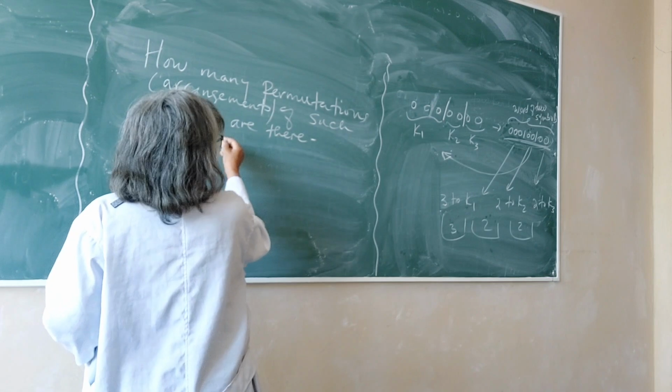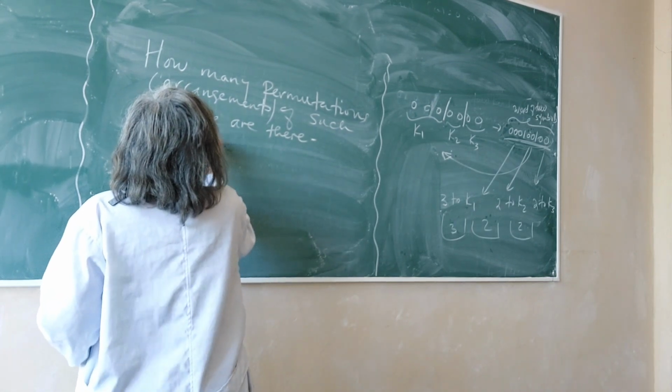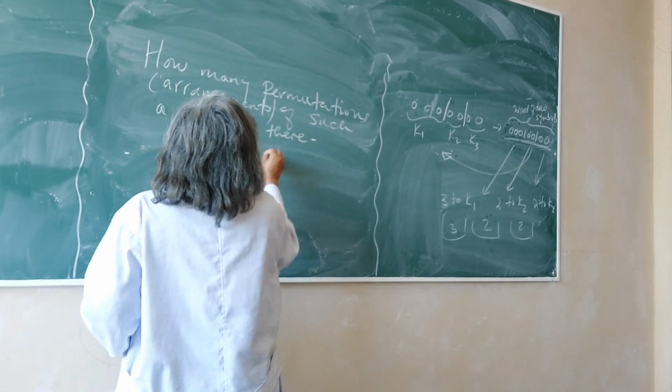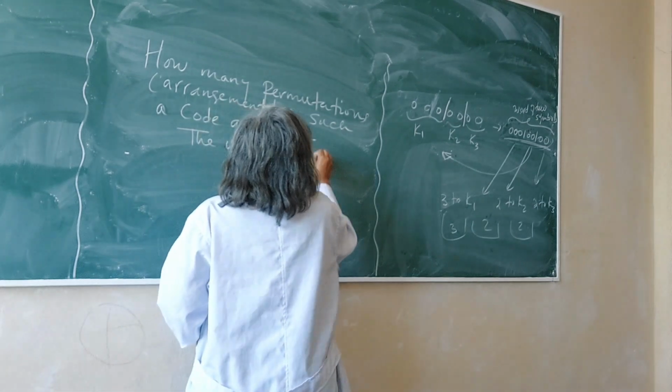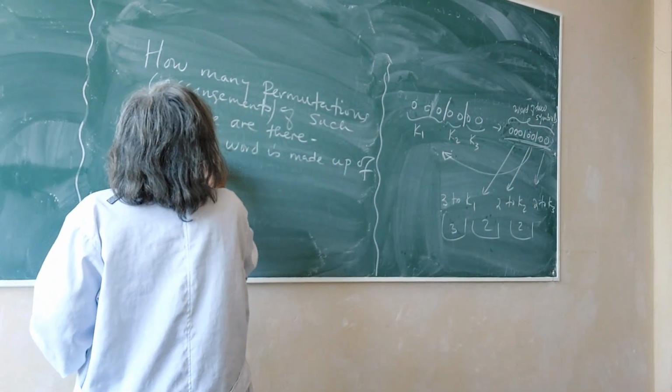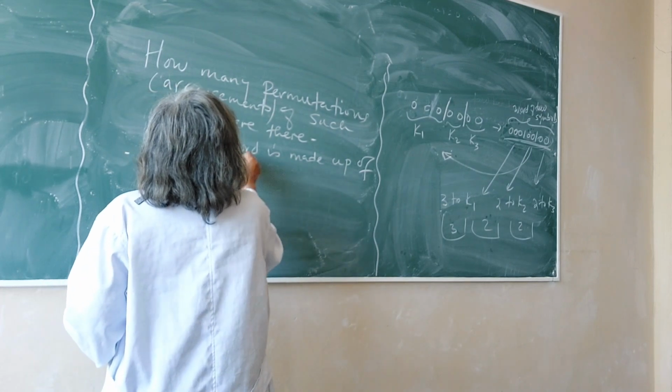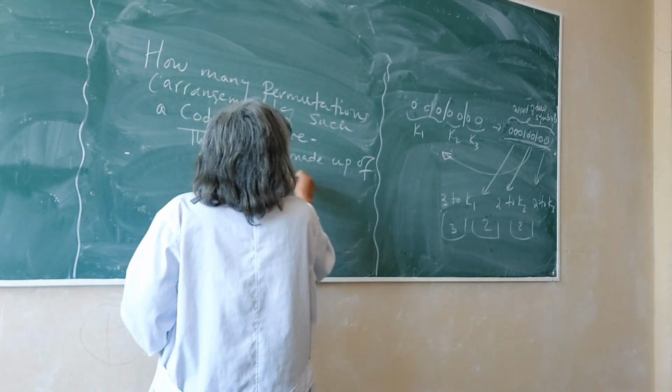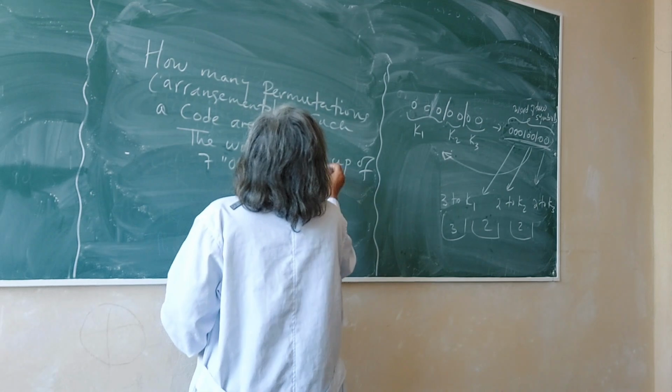Well, the word is made up of 7 small circles and 2 slashes.